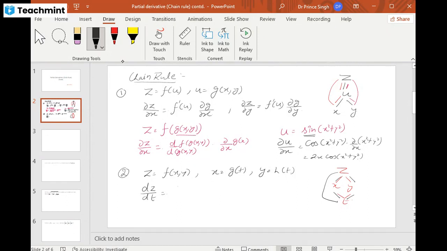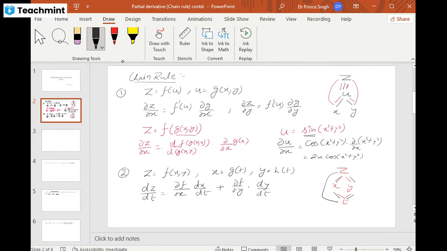So it is curly f upon curly x into dx upon dt, because z depends upon two variables so we use partial derivatives, but x depends upon a single variable so we use an ordinary derivative, right? But z also depends upon y, so curly f upon curly y, and y again depends upon the single variable t only, so it is dy upon dt.